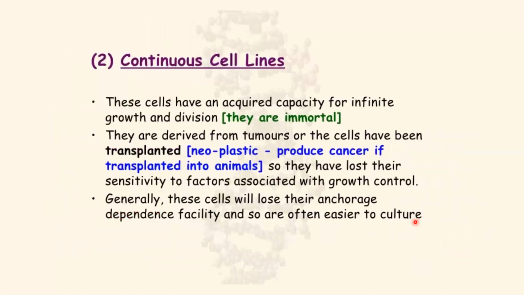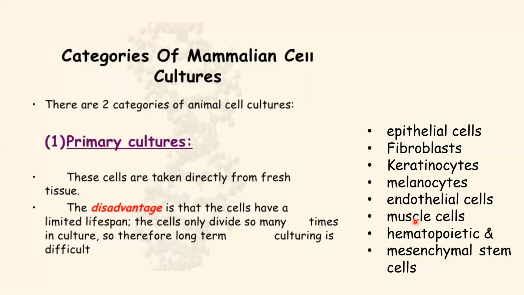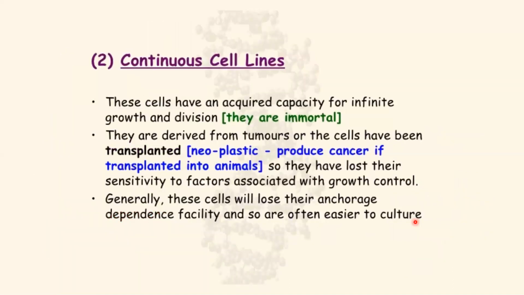The next type is continuous cell lines. These are the cells that acquire the capacity for infinite growth. As I said, continuous cell lines can be so by nature, or we can take primary cell lines and transform them to become immortalized or continuous cell lines. Immortalized cell lines are either tumor cells.